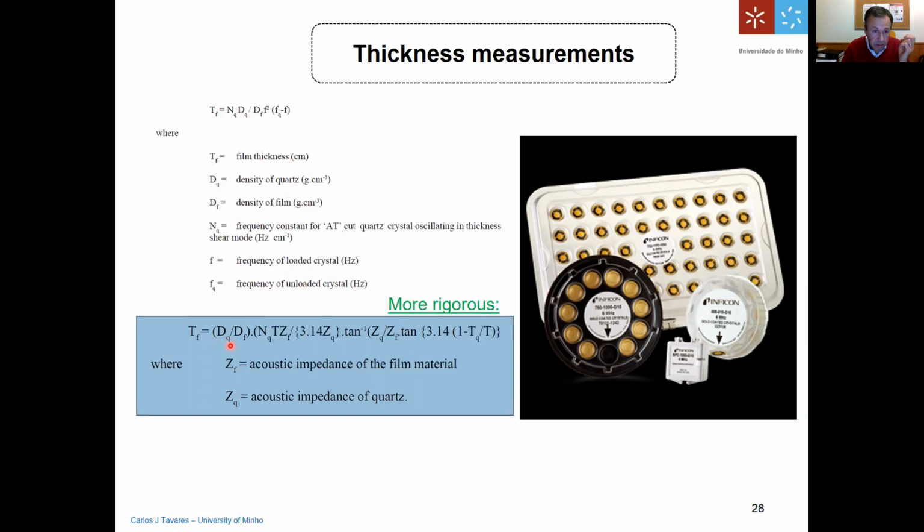It also takes into account the density of the quartz, the density of the material you are evaporating, and the frequency constant. Here you need not the frequency of the loaded crystal, but the period of the frequency, which can be easily derived.